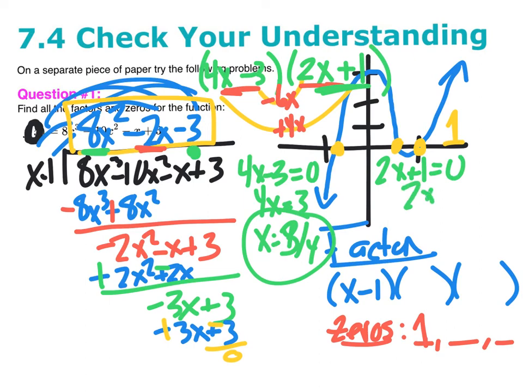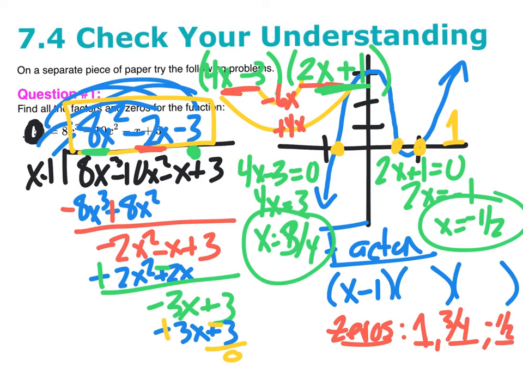I'm going to subtract the 1 and divide by the 2, so negative 1/2. So from there, I do know those other zeros. The zeros are going to be 3/4 and negative 1/2. As a factor, I could write out the factors as x minus 3/4 and x plus 1/2 as the factorization of those zeros.